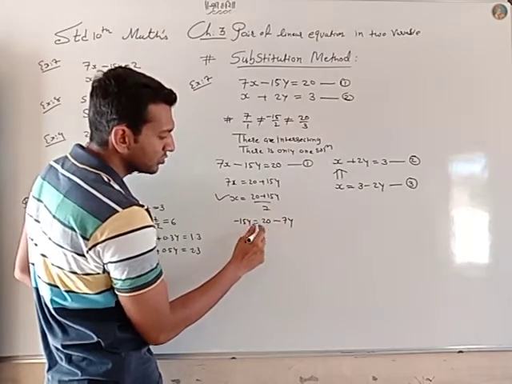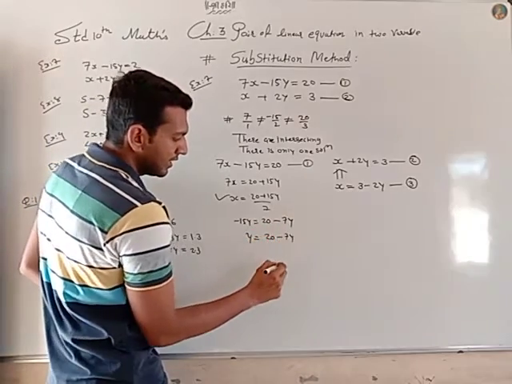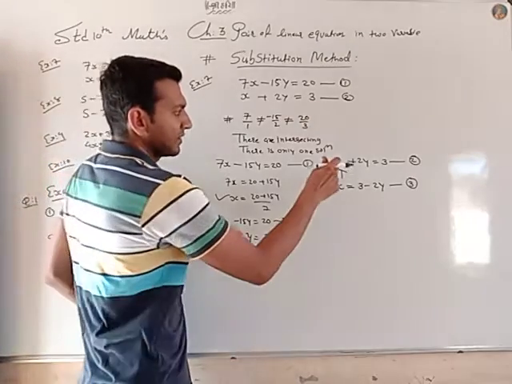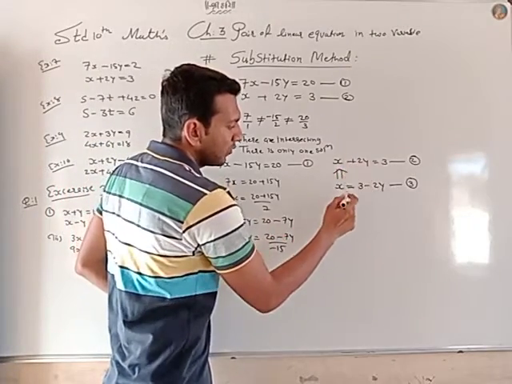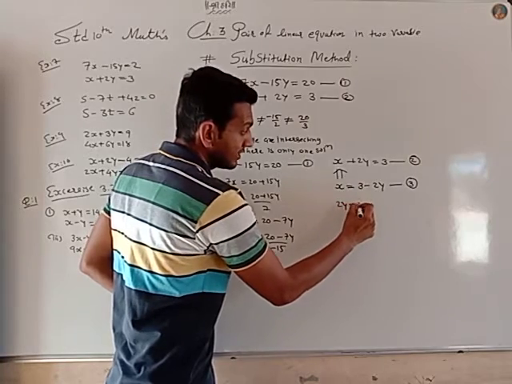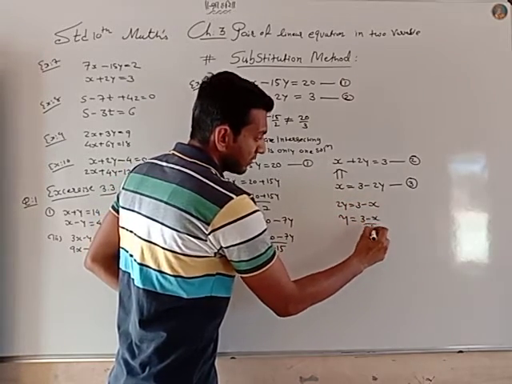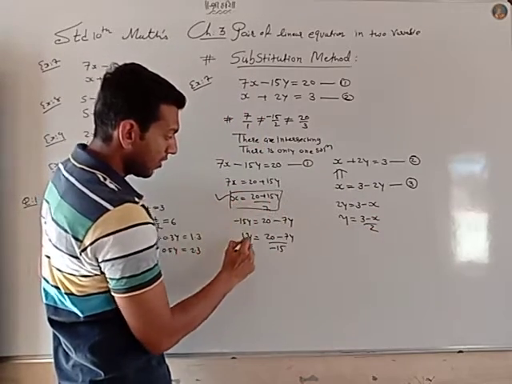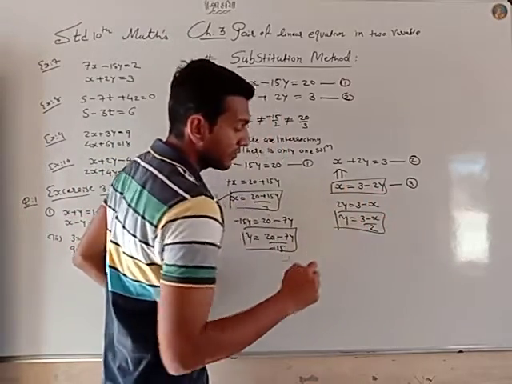Minus 15 goes to the denominator, you get y is equal to 20 minus 7x by minus 15. The x from the second equation I already found, and if I find the value of y in the second equation, I get 2y is equal to 3 minus x, so y is equal to 3 minus x by 2. You have four options: option number 1, option number 2, option number 3 and option number 4.